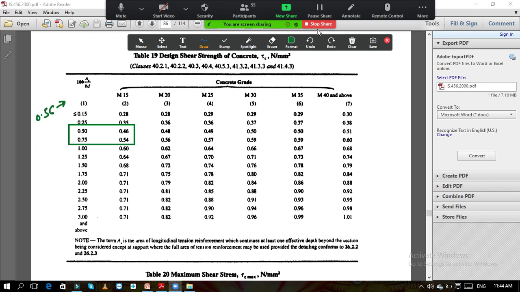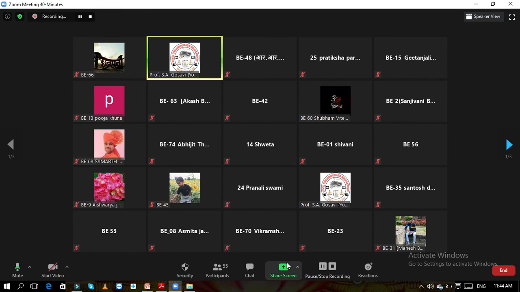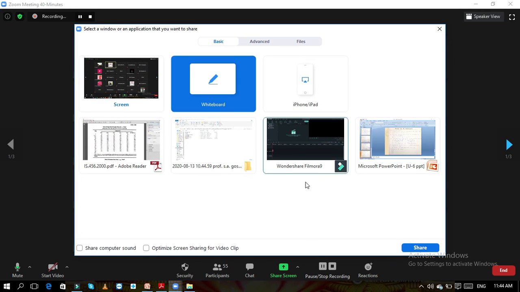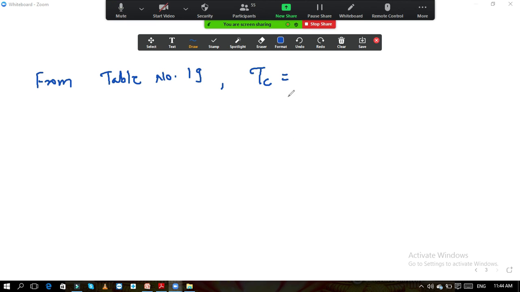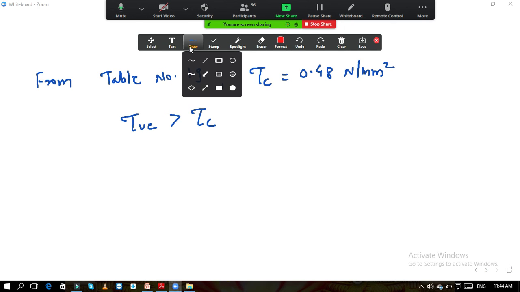Okay, so we will go to our whiteboard. Here we got the value of this tau c as 0.48 Newton per mm square. Now compare the value of tau v and tau c. Here, if you see, tau ve is greater than tau c. What does this indicate?